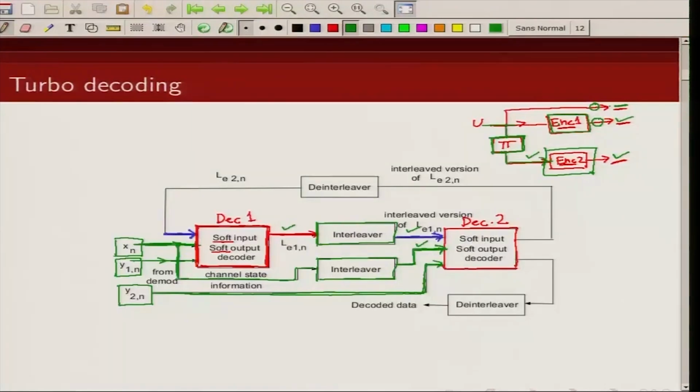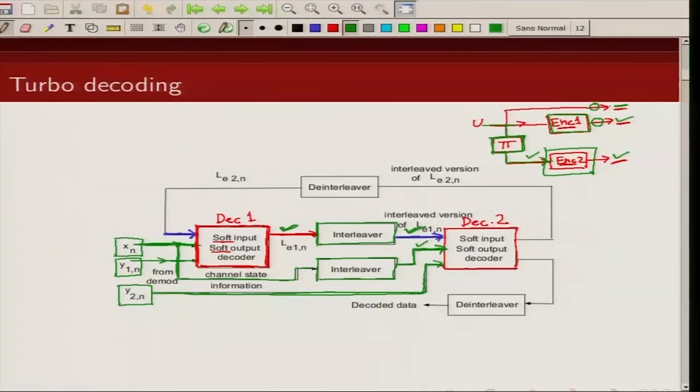So the estimates that decoder 1 gives about the information bits have been interleaved and sent to decoder 2. This is to maintain the same order of the information sequence as is received by decoder 2. Because the information sequence here is an interleaved version of the information sequence here, we use this interleaver.